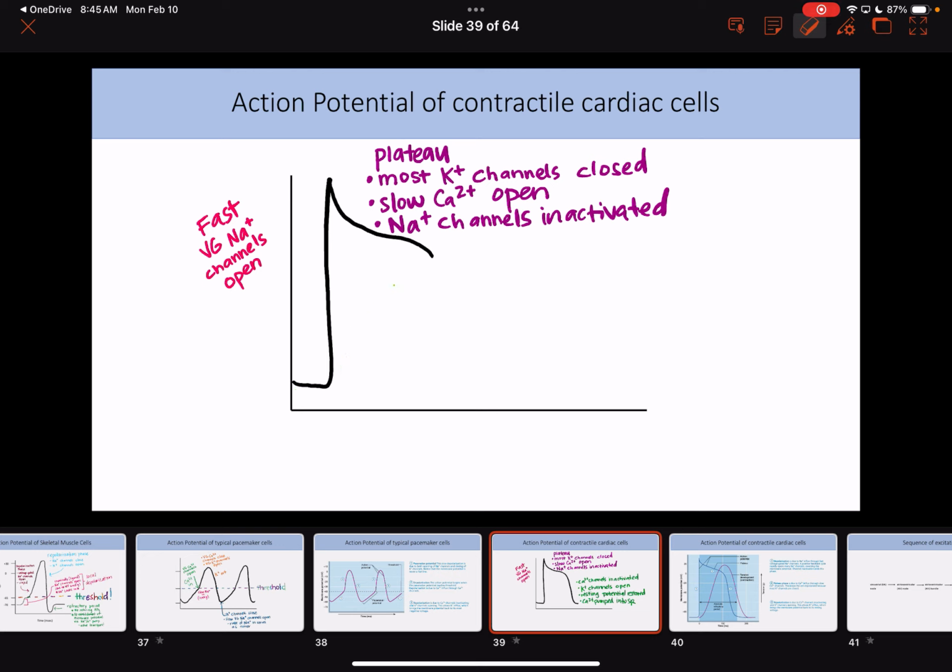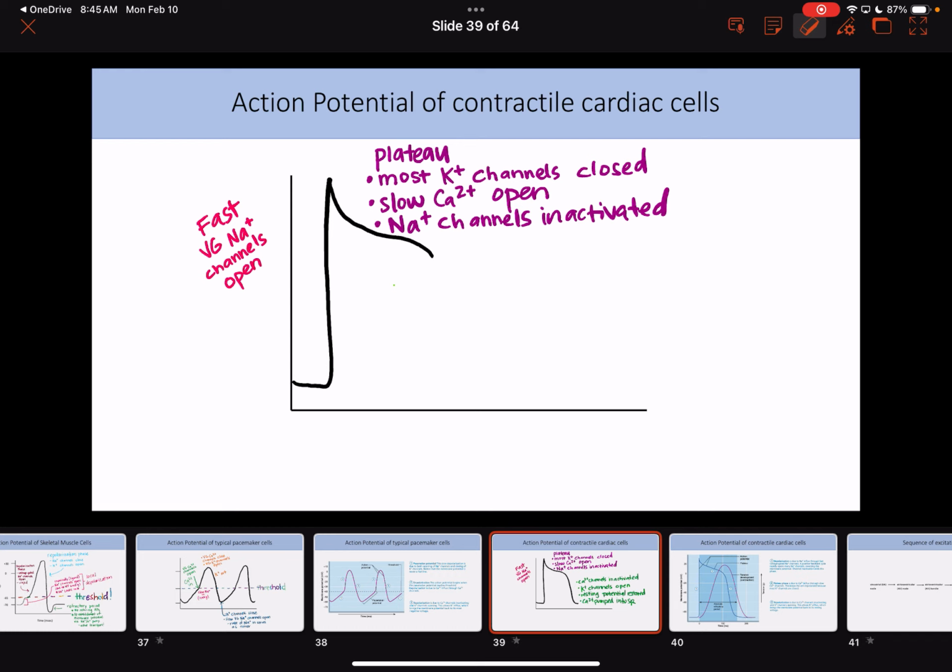And that's only due to sodium channels. Once we get to the peak of our action potential for contractile cardiac muscle cells, there's a phase called a plateau. This plateau allows our cardiac muscle cells to contract for longer. An action potential for skeletal muscle cells is only about 1 to 2 milliseconds long.